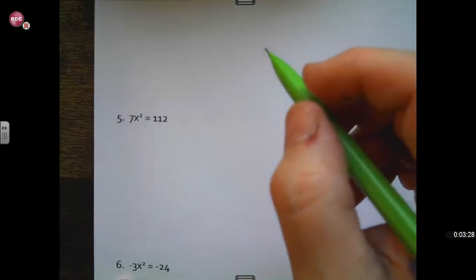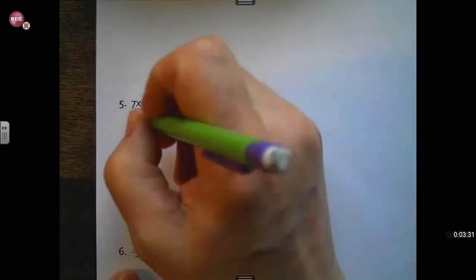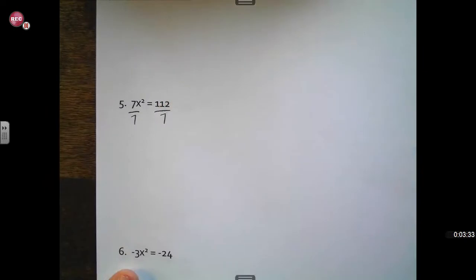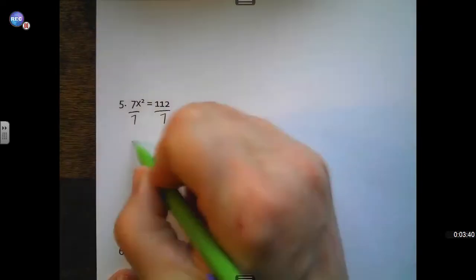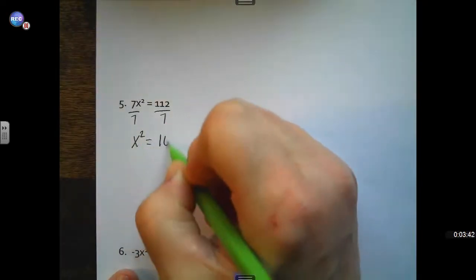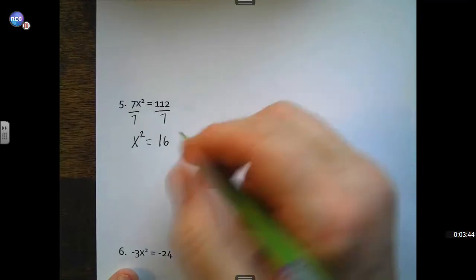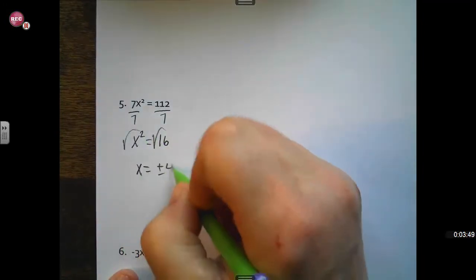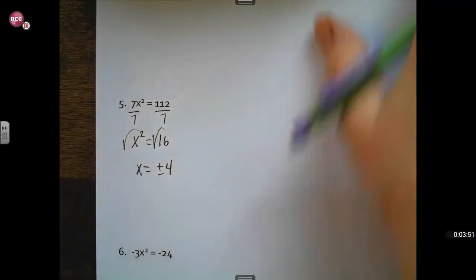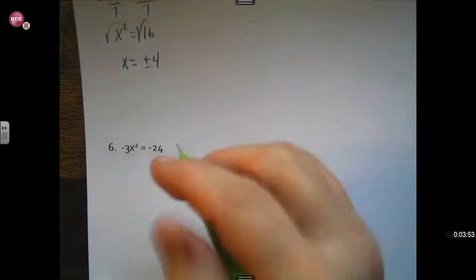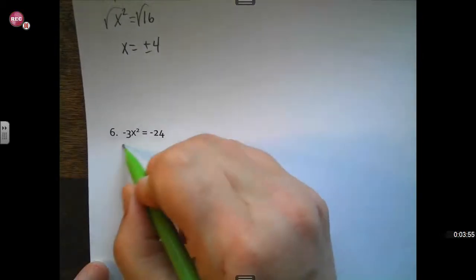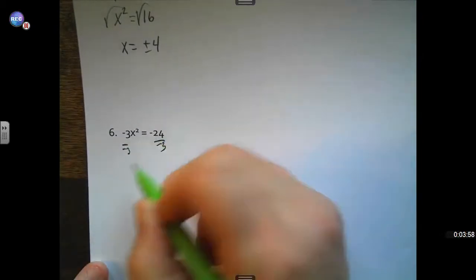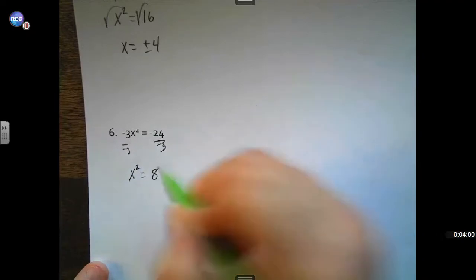Over here, now we would divide both sides by 7 first, and 112 divided by 7 is 16. And then we take the square root of both sides, and we get x equals plus or minus 4. Here we would divide both sides by negative 3. x squared equals 8.